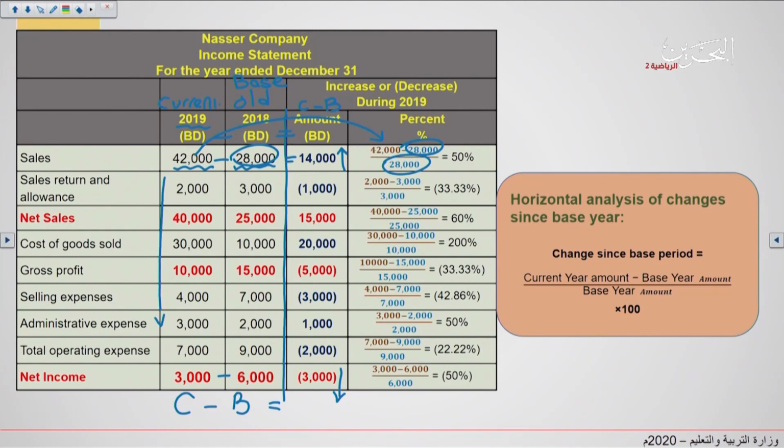Let's apply the formula: the current amount, 3,000, minus 6,000, divided by 6,000, equals 50%, but a decrease. Why a decrease? Because it is minus.